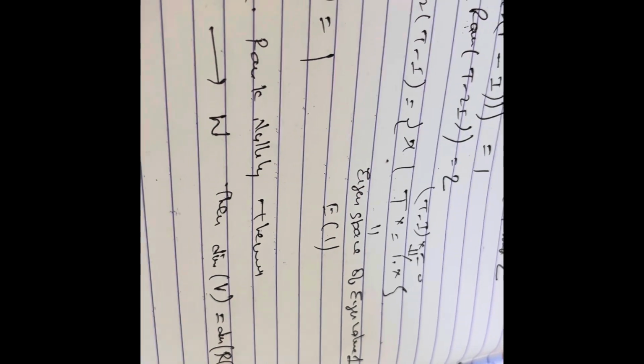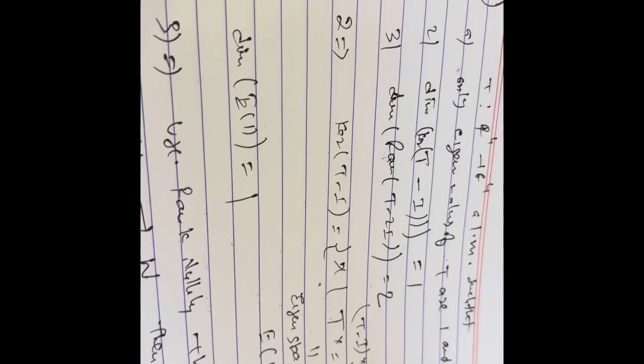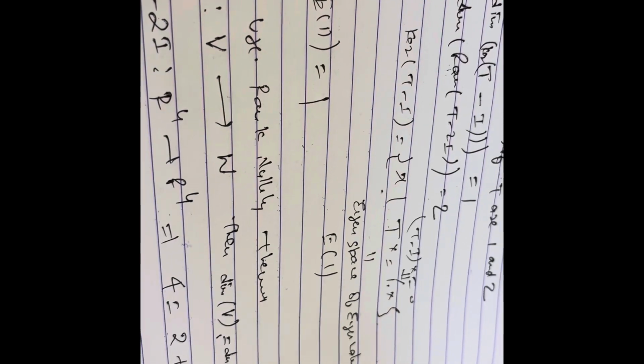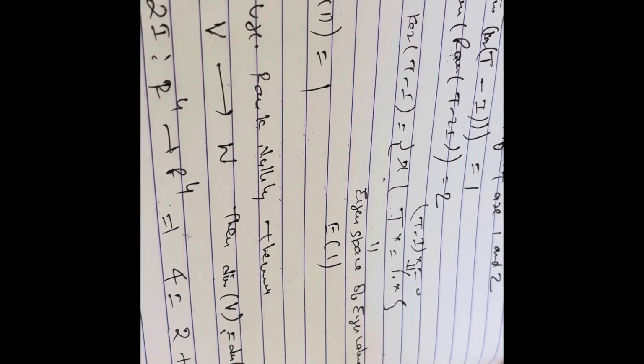That if P is a linear operator from vector space V to vector space W, then the dimension of V equals the dimension of the range of P plus the nullity of P. Now T minus 2I is from R4 to R4, and keeping this theorem in view, it follows that 4 equals 2 plus the dimension of the null space of T minus 2I.